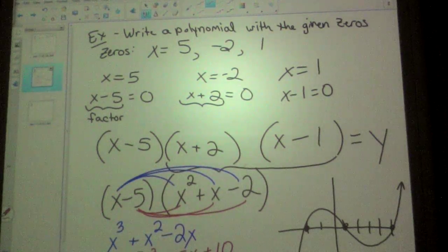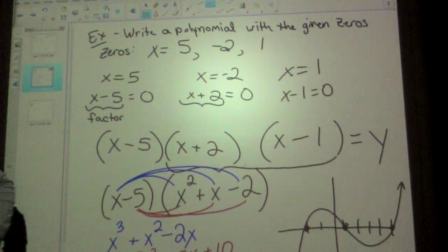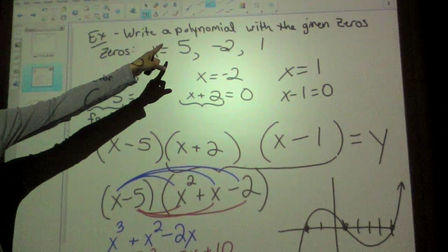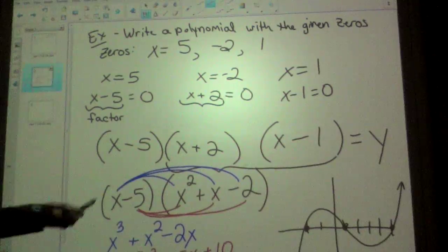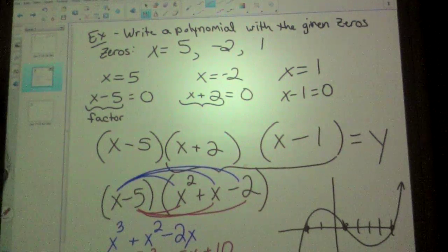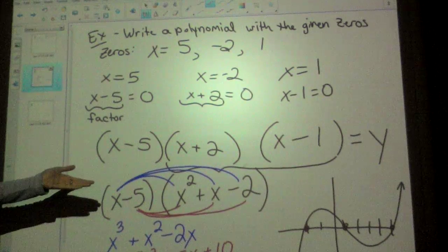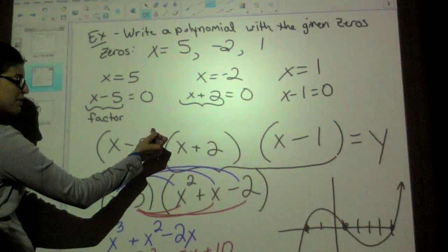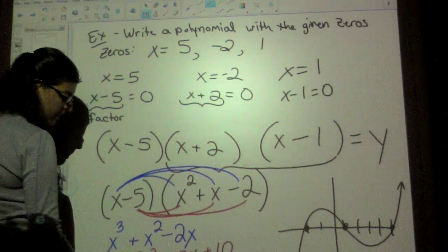Forgot to talk about one more thing with this. What if I don't know how many of the x equals 5 solutions I had? Like, what if I made one of these a square or a cube? Well, does that change my zeros at all? If I put a cube on this x minus 5, and let me just do it.